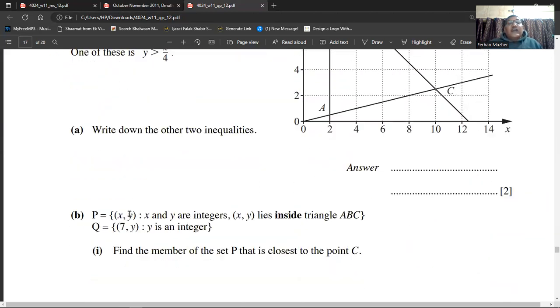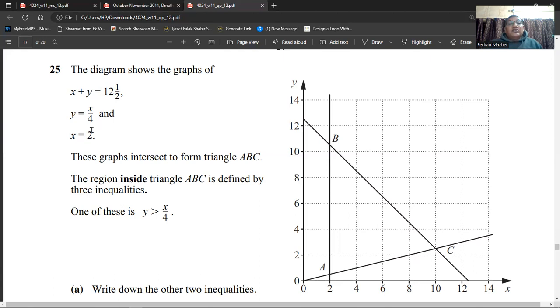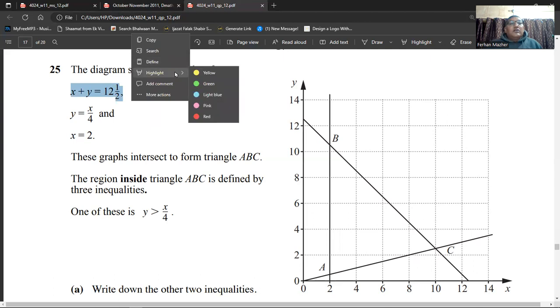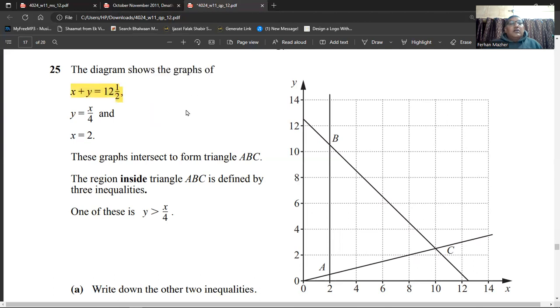The question is to write down the other two inequalities, this one and this one. So very simple.